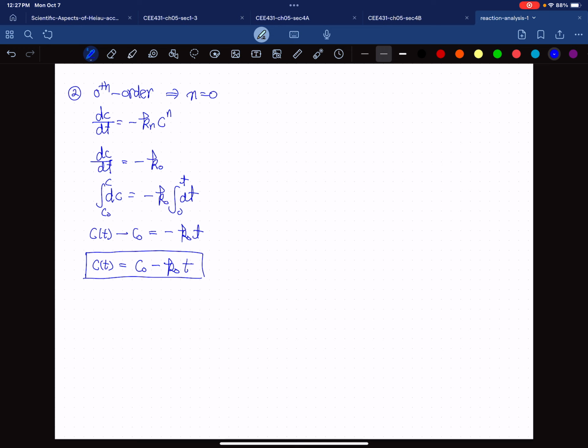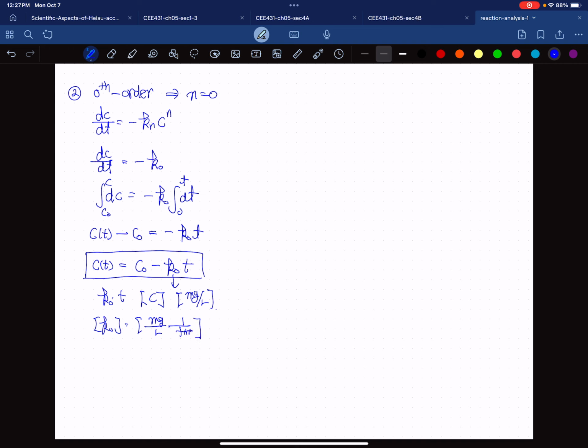Note that k0 times t should have units of concentration, because it is comparable with C naught, in other words milligrams per liter. So k0 is not 1 over time; the unit of k sub 0 should be milligrams per liter times 1 over time.